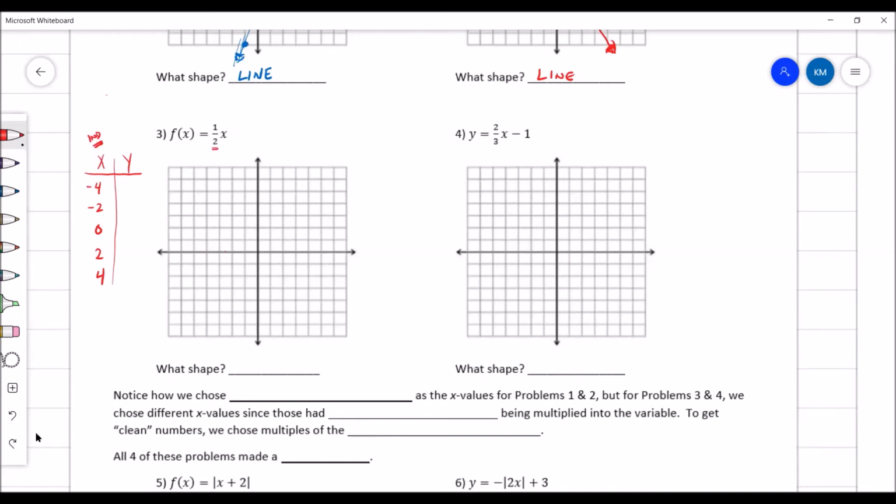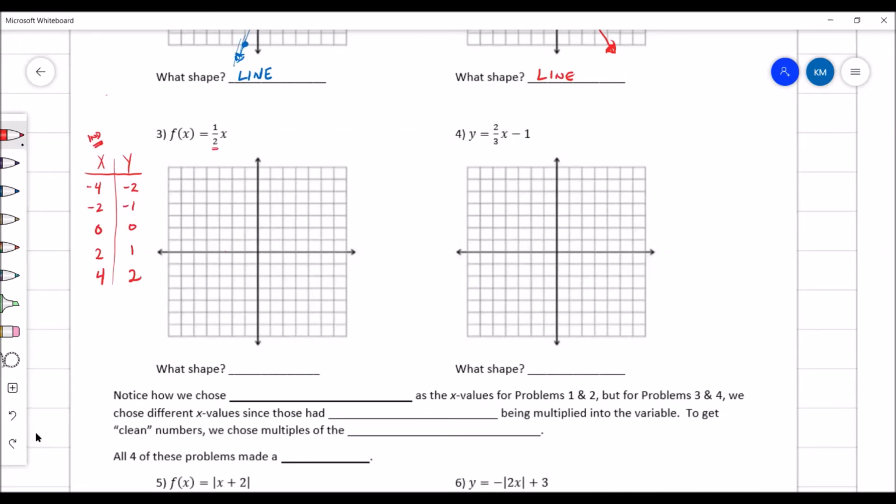And now that I plug that in, 1/2 times -4 is -2. 1/2 times -2 is -1. 1/2 times 0 is 0. 1/2 times 2 is 1. 1/2 times 4 is 2. And because I used my independence wisely, I got good outcomes.